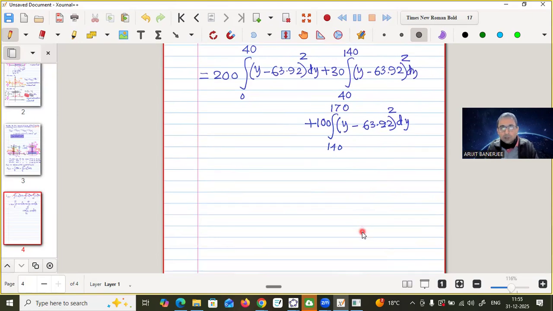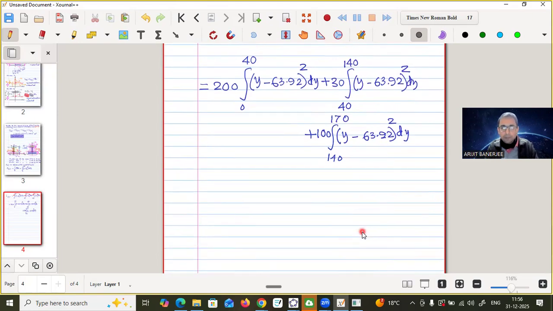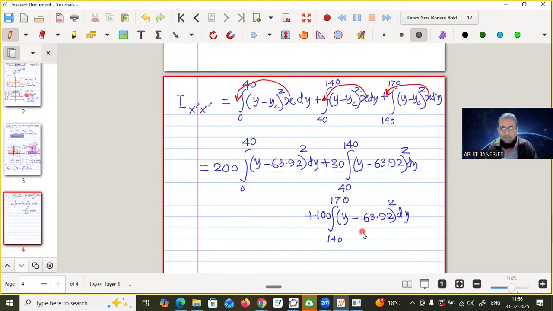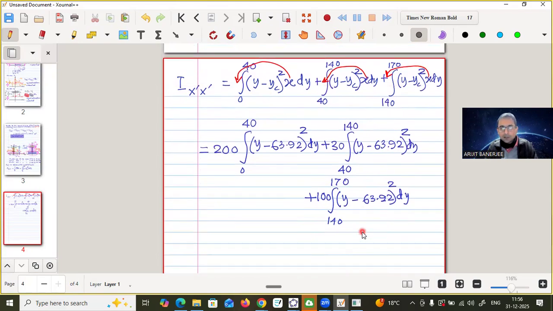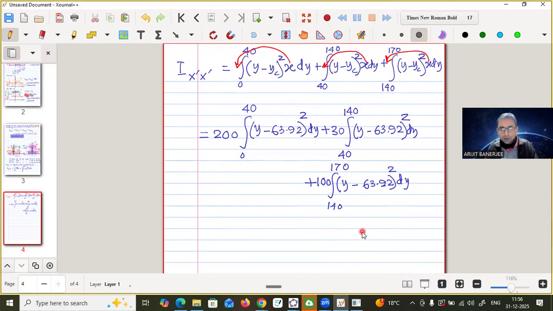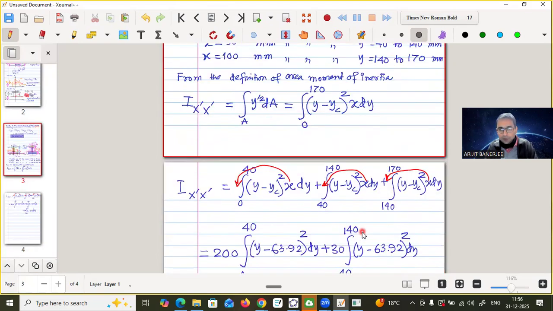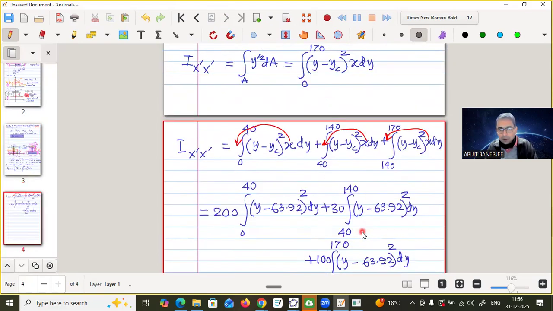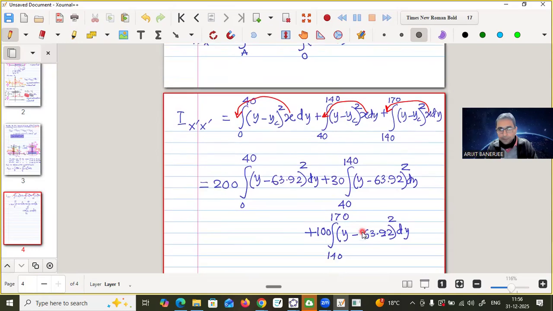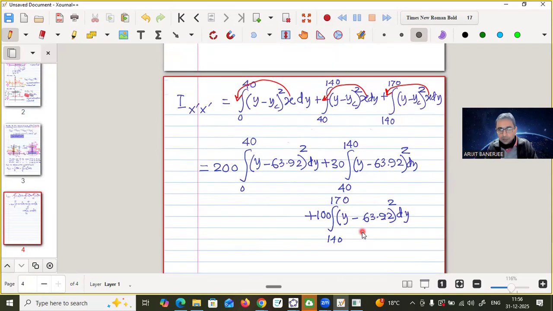Okay, can you solve this now? This will be easier, isn't it? Am I clear?